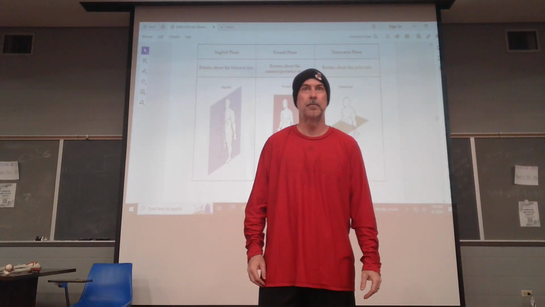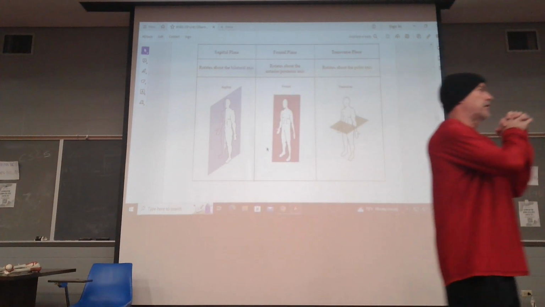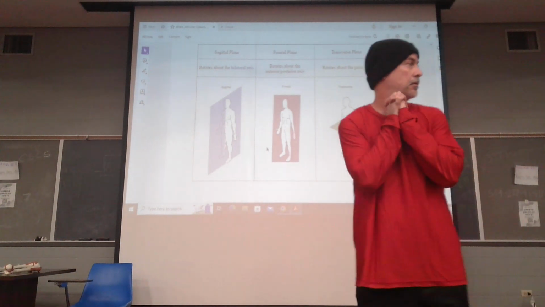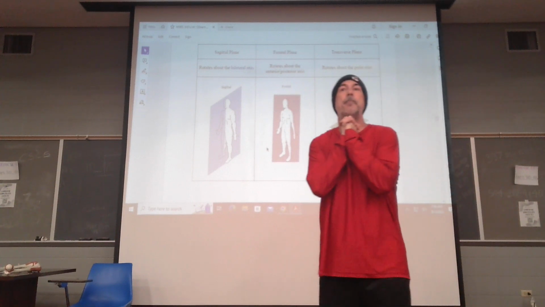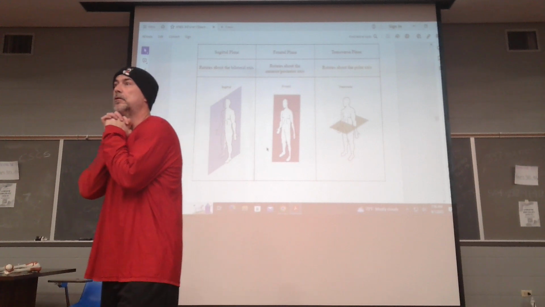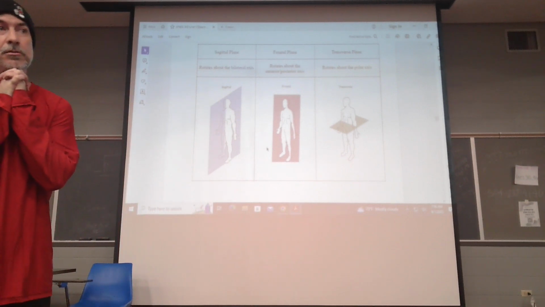So, any questions? Yes, ma'am. Okay, you said that the joints need specific what to make plane? Joints rotate in planes, right? Joints rotate about axes. So if a joint is rotating, think of a plane as a dimension of rotation.